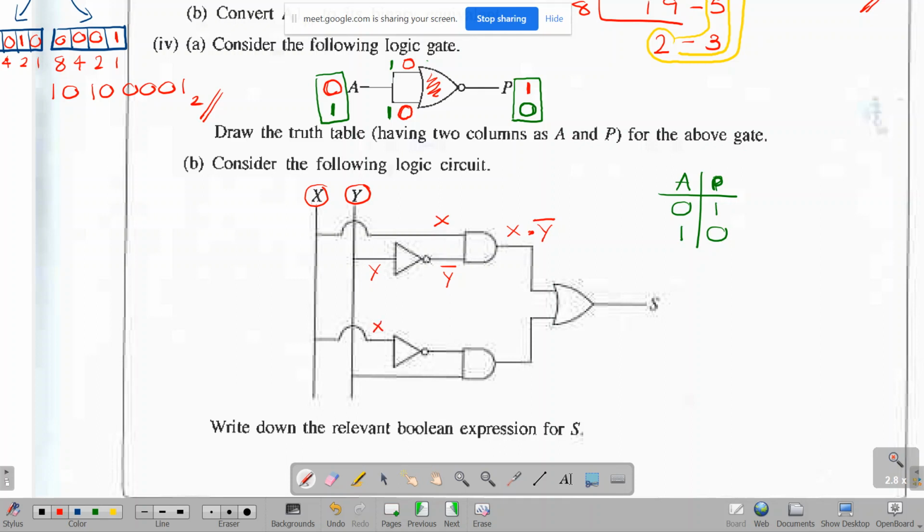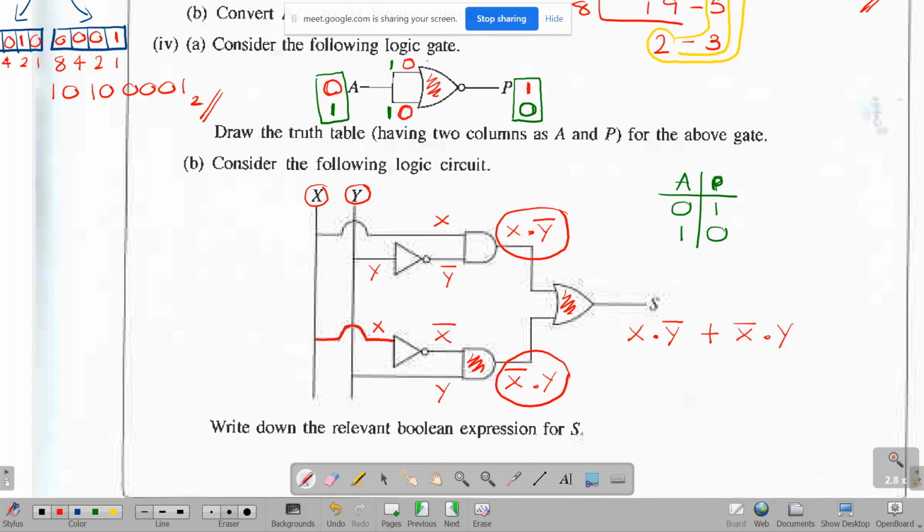And here we are receiving X because it is connected with the X. This gives us X bar and this gives us Y. Since this is an AND gate, this is going to give us X bar dot Y. Since this is an OR gate, it's going to add up this input with this input. So it's going to give you X dot Y bar plus X bar dot Y, right?